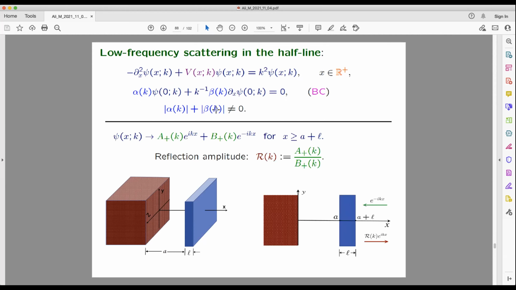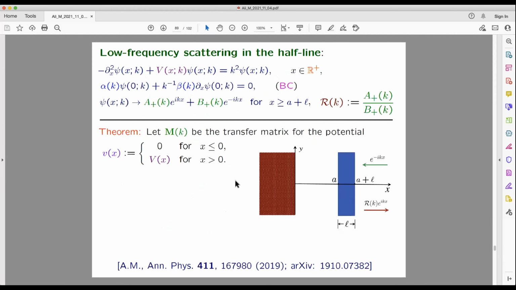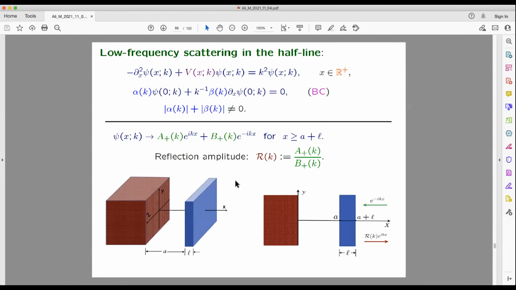Now, again, because I assume that the potential dies off at infinity, then at x going to plus infinity, I have plane waves. And the ratio of the right-going to left-going wave is what I call the reflection amplitude. In the half line, you have just one reflection amplitude, where the wave comes from the right and bounces back. So you can identify this with the following situation. You have some material in the negative half line.